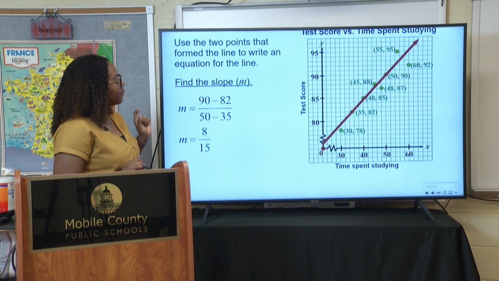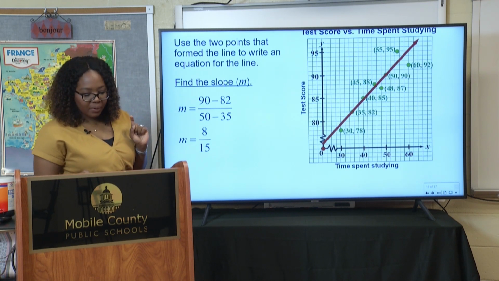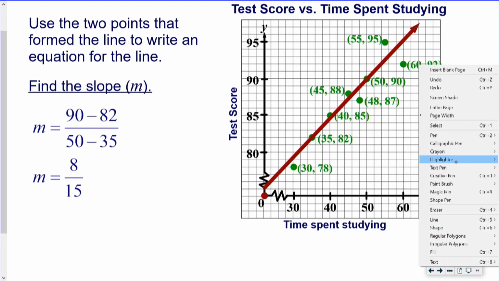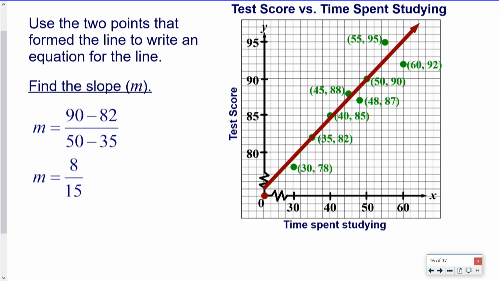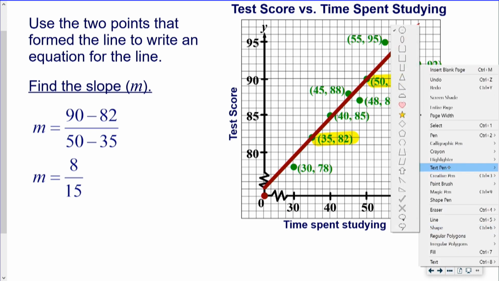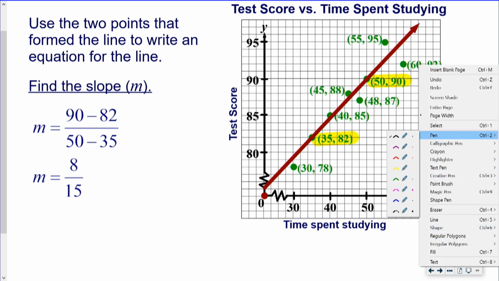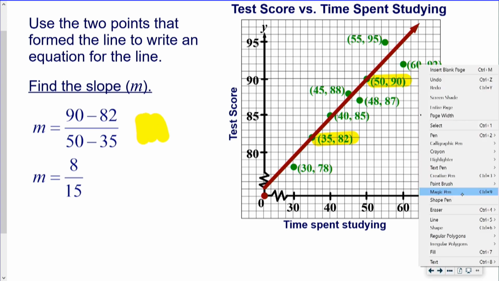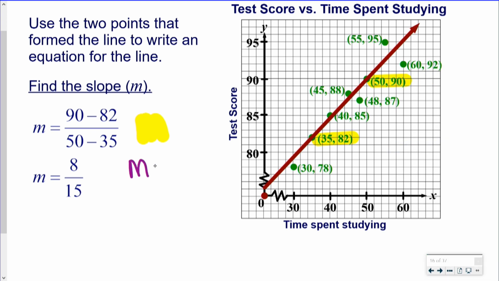So the 2 points that we used were the points 35 and 82, and I'm going to highlight those for you. We used 35 and 82, and we used 50 and 90. Now remember, to find the slope of a line, which is m, slope of a line is m.